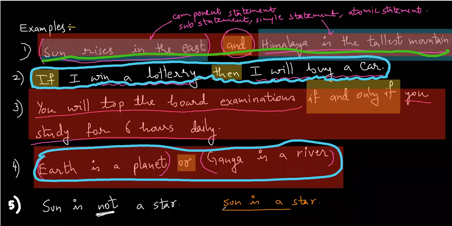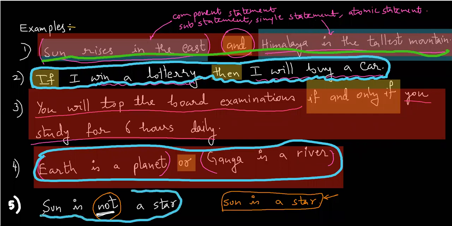So sun is a star is a given statement, and what you do is you negate it. You deny the claim. You say sun is not a star. Remember, students, you are using one single word, not. This statement is a negation. This one is not a negation, because there is no not. You don't have the word not here.